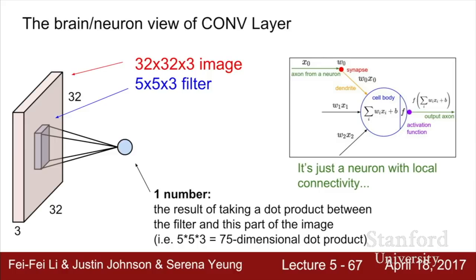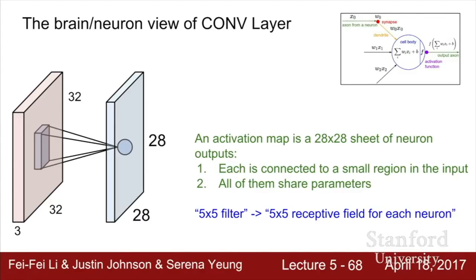The main difference is that now your neuron has local connectivity. Instead of being connected to the entire input, it's just looking at a local spatial region of your image. So you get how much this neuron is triggered at every spatial location in your image. Now you preserve the spatial structure, and you can reason on top of these activation maps in later layers.